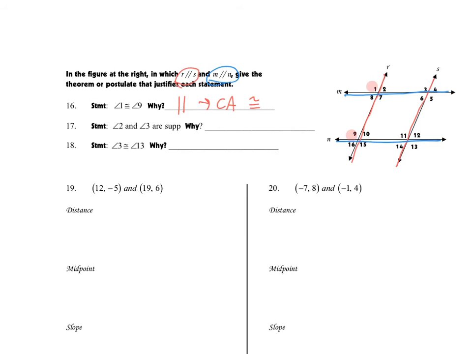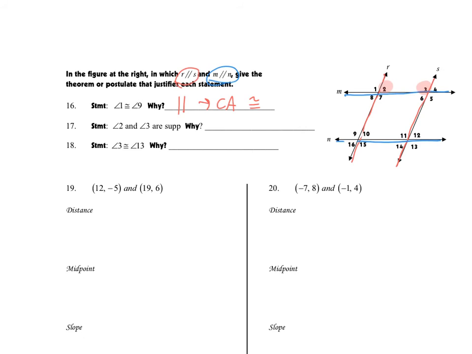Let me erase these lines. And let's see, our second piece of given information says the statement is that angle 2, which is located right here, and angle 3, which is located right here, are supplementary.